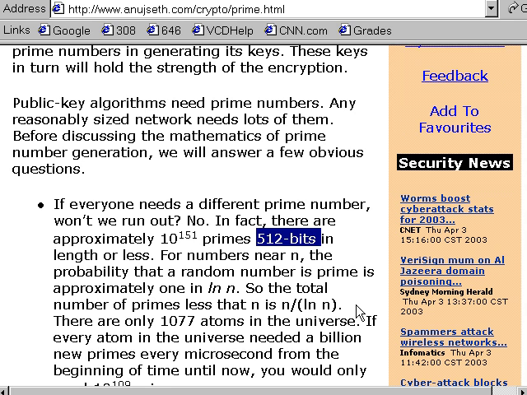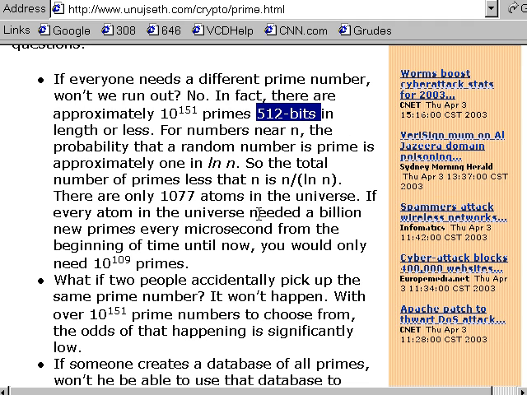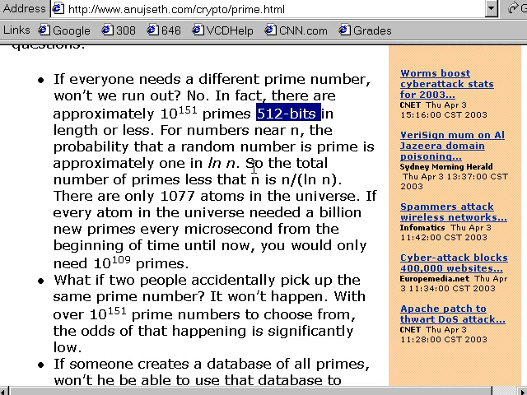So if you're looking for a 512-bit binary prime, you have quite a large number, 10 to the 151. And the odds of picking a prime at random and making it the same as someone else's is, of course, 1 over that. That's why people are fairly confident that these cryptography algorithms are fairly stable, because the chance of picking the same prime at random with 512 binary digits is fairly small.